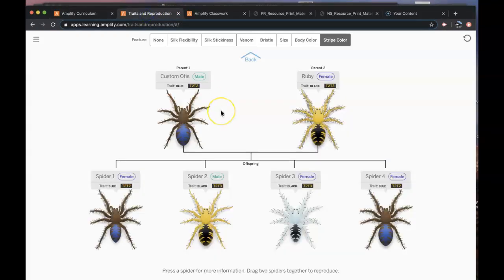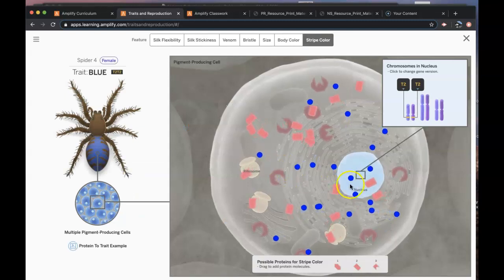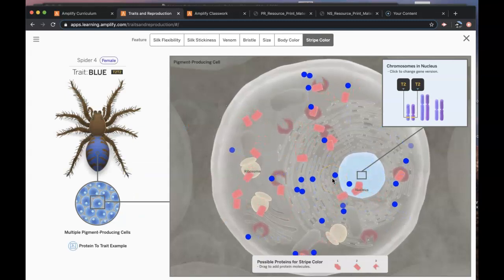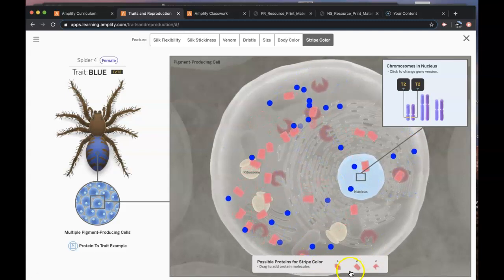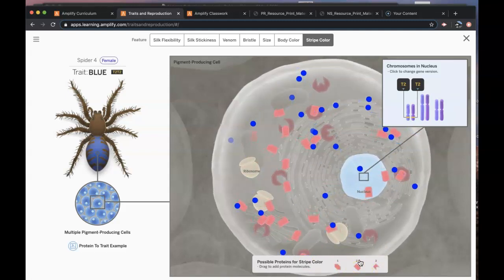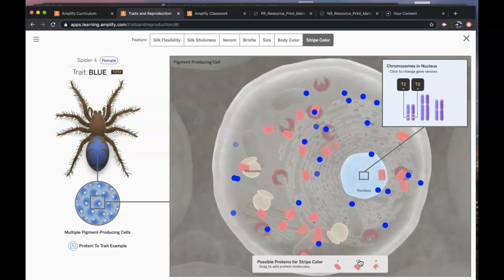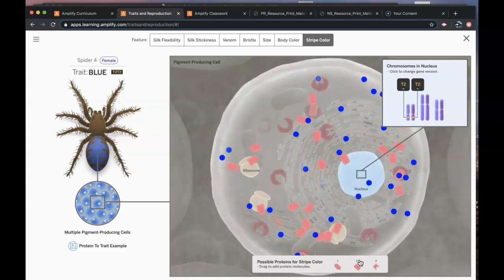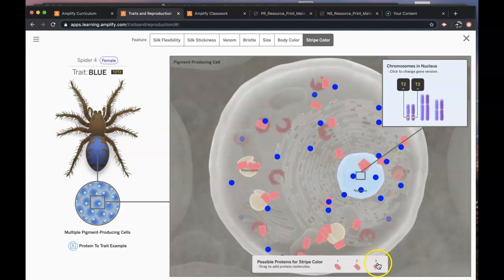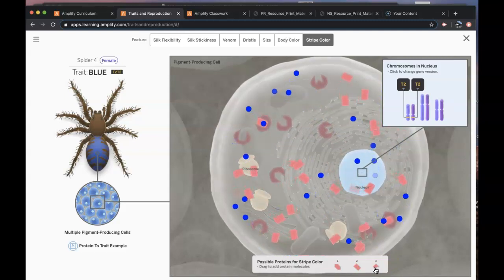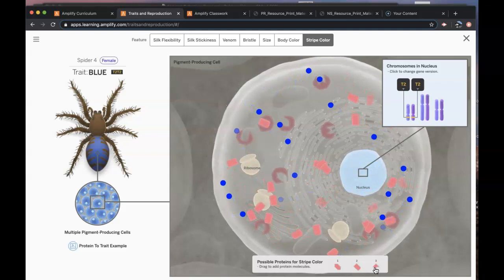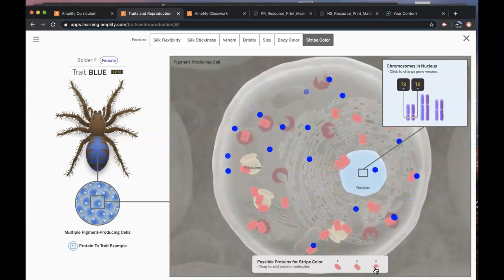So in the sim, we can see that the structure and shape of the protein molecule determines its function. If it is a rounded shape, its function will be to produce this blue pigment. If it is a pointed shape, the T3, it will produce a black pigment. Basically, the structure determines what the protein molecule does.